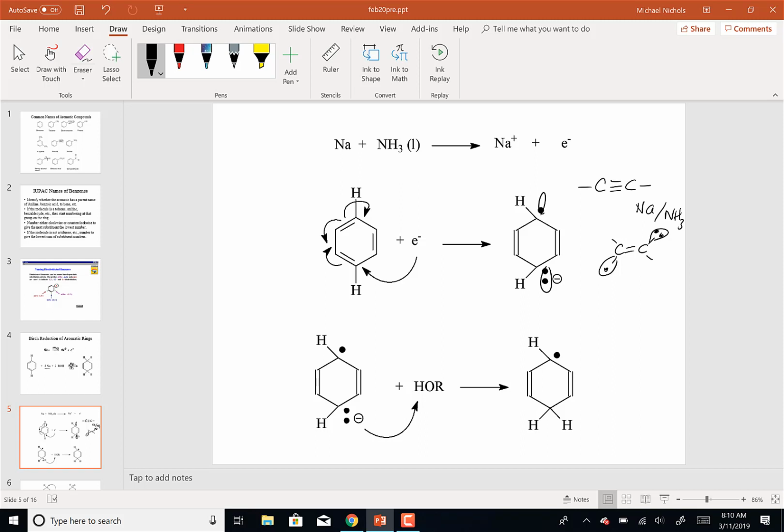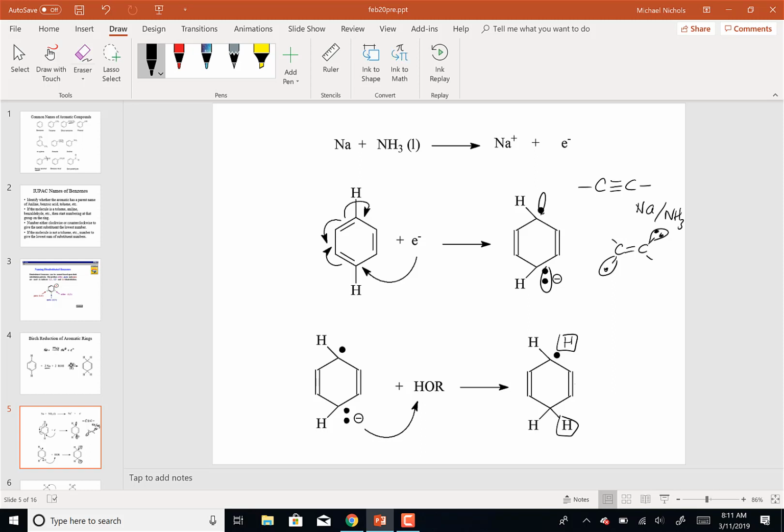And so that's what forces the system to become an isolated diene. And the 2 hydrogens that are added are always going to be added to the 1 and the 4 positions.